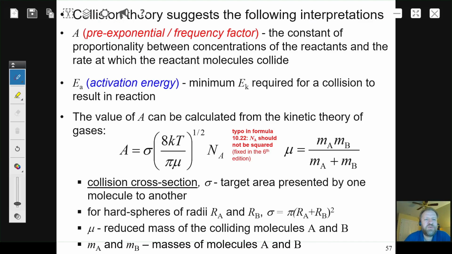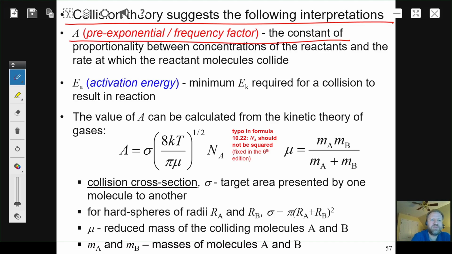Now, we can conclude that collision theory suggests the following interpretations for the Arrhenius parameters. The Arrhenius parameter A, which I probably should have mentioned earlier, is called the pre-exponential factor in older literature, and apparently in the new editions of the Atkins textbook, it is called the frequency factor.